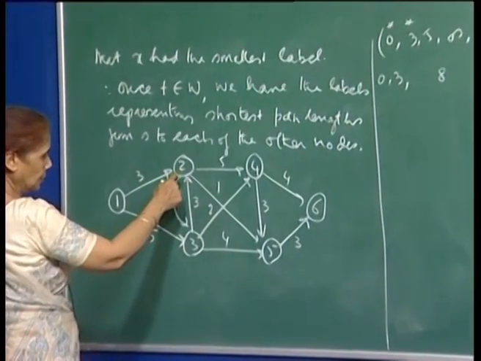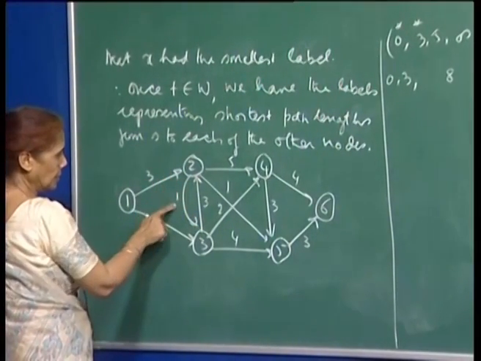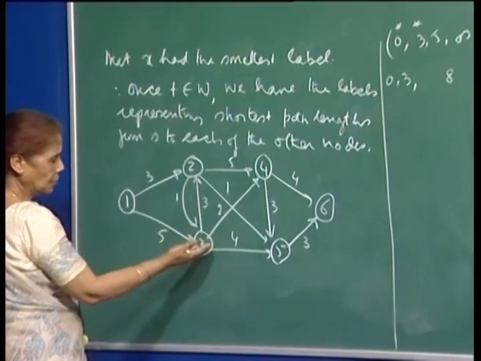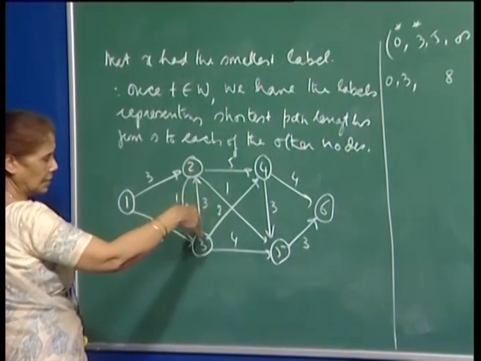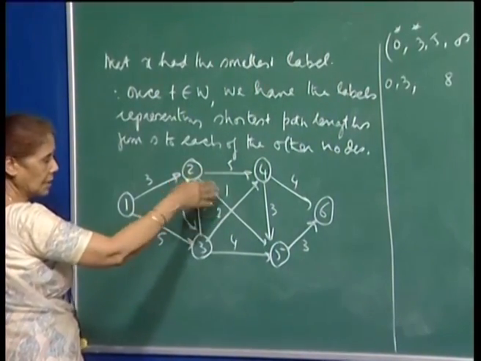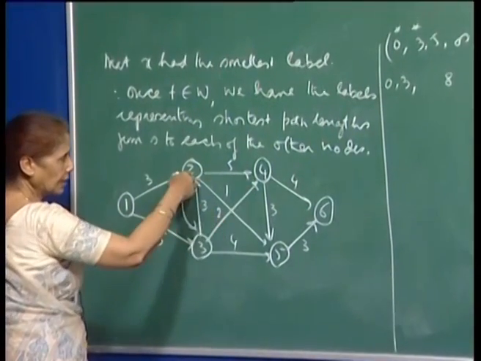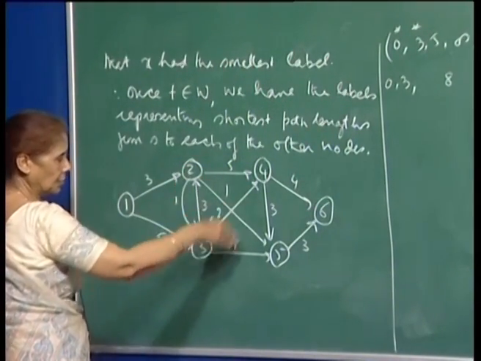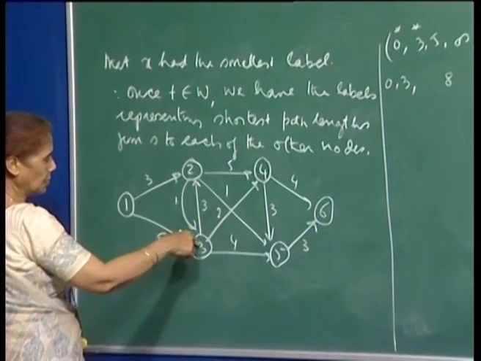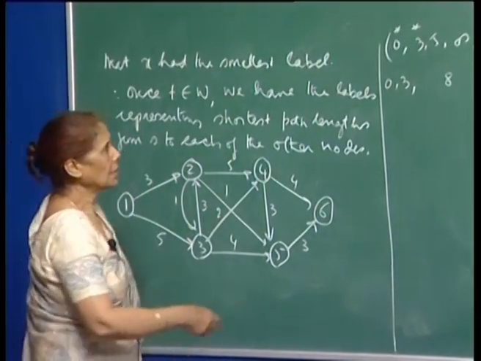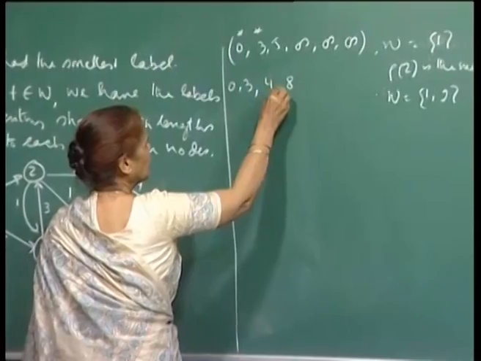From 2 you can come to 3, and the distance is 3 plus 1, 4. I don't have to take the minimum, because I know the Cijs are all positive. I cannot come back to 3 from 2 by any other route, so this is the only possible one. So this one also gets updated to 4.